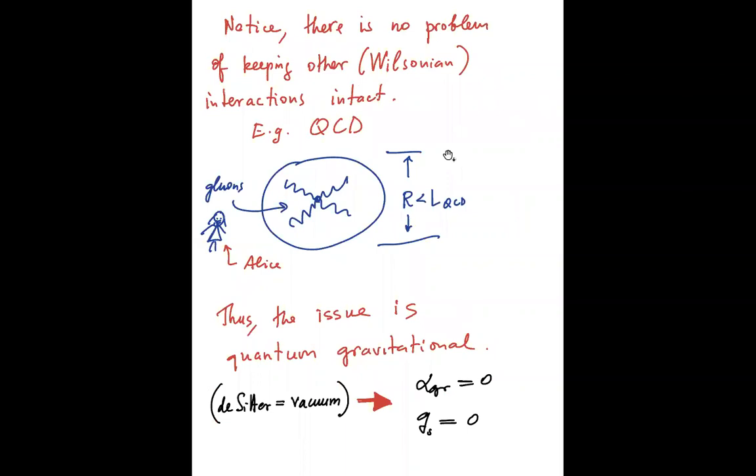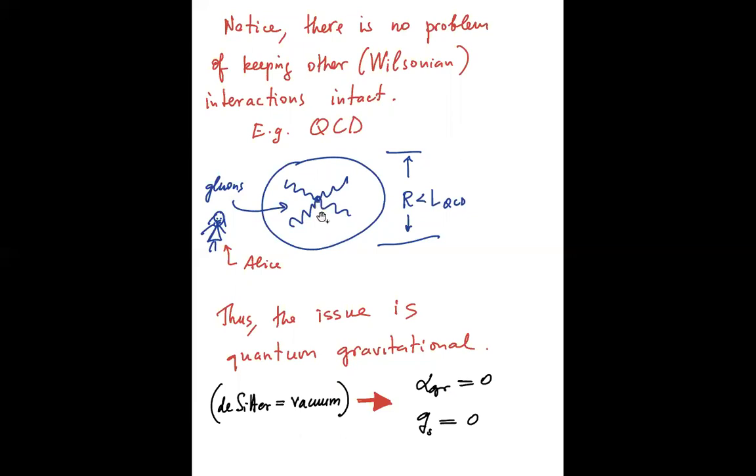Now, let's come back again to the effective field theory description. Notice that there is no problem of defining an S-matrix for other interactions. For example, I can take this rigid limit, I can take the Planck scale to infinity, and I can define an S-matrix for, for example, QCD, or any theory which has a Wilsonian ultraviolet completion.